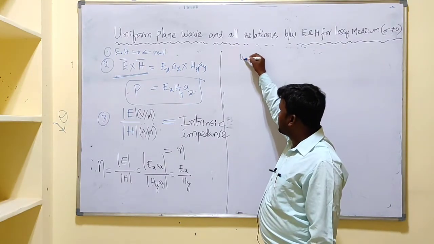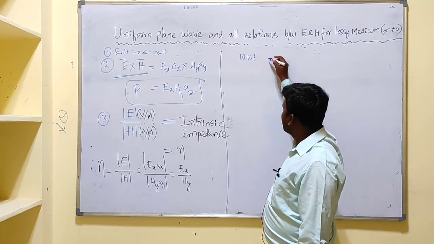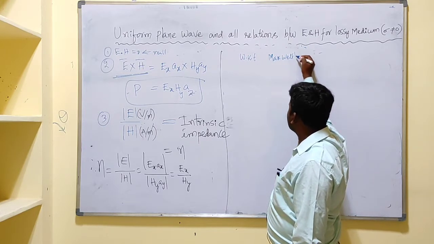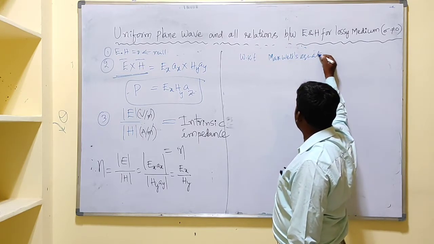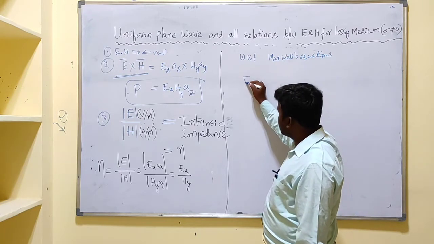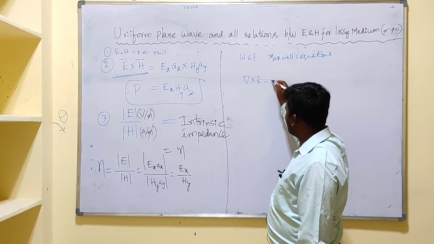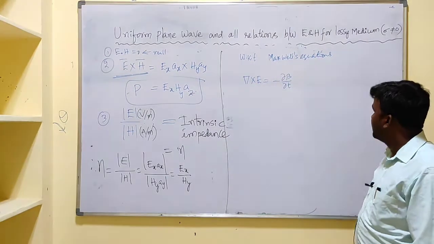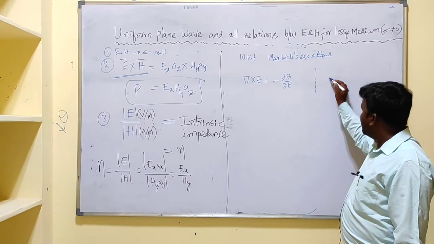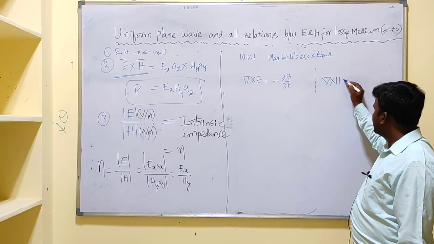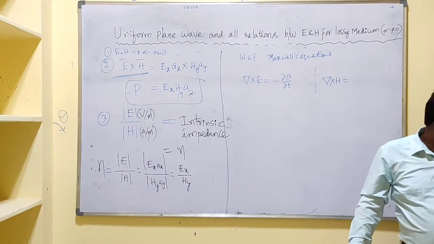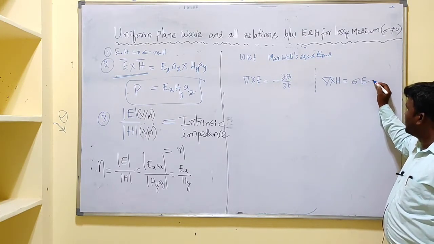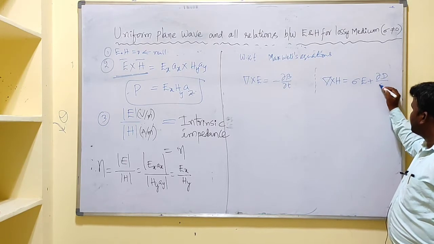We know Maxwell's equations. Let us consider the cross products. Del cross E equal to minus dou B by dou t, and del cross H equal to sigma into E plus dou D by dou t.